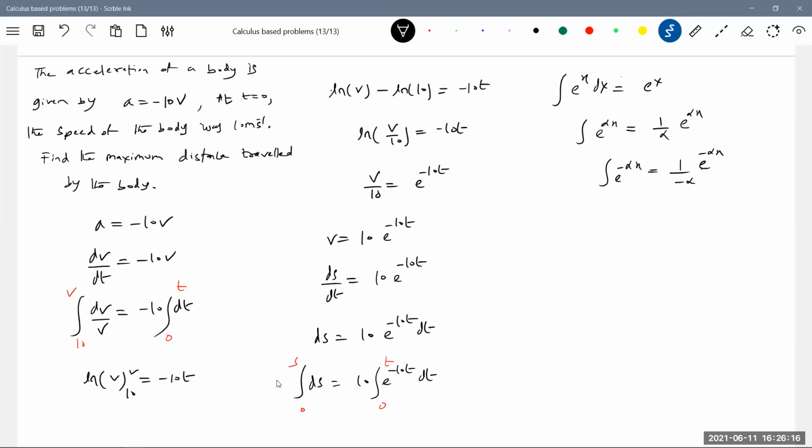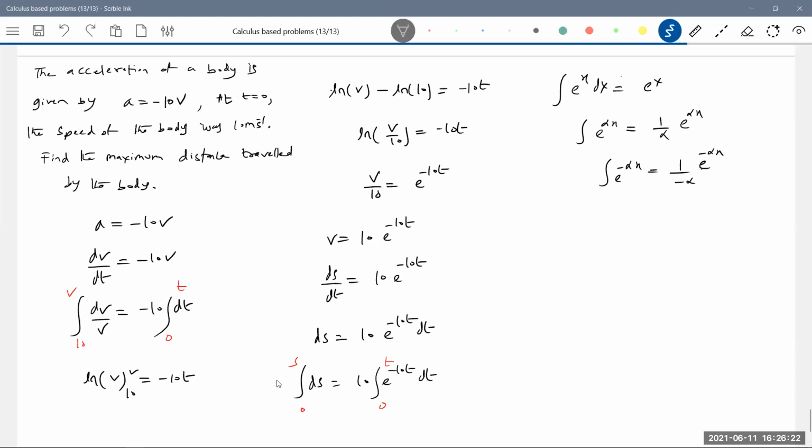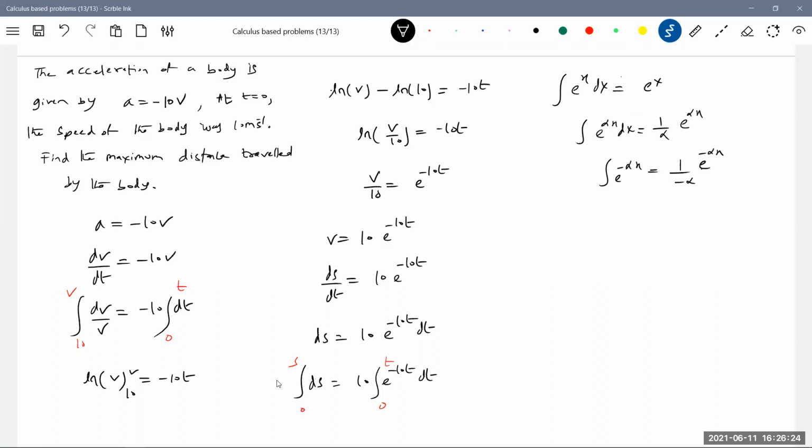Why is it so? The area under the curve is what? The integration means that. dx is missing, I'll add dx. Now you see this. So what shall I do now? Just multiply, 0 to s, and 10 is there.